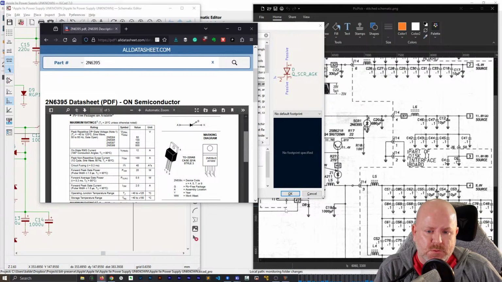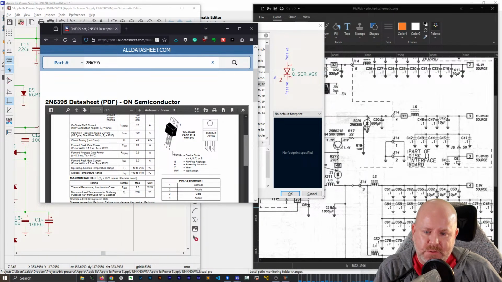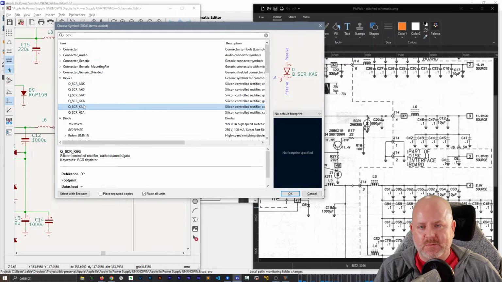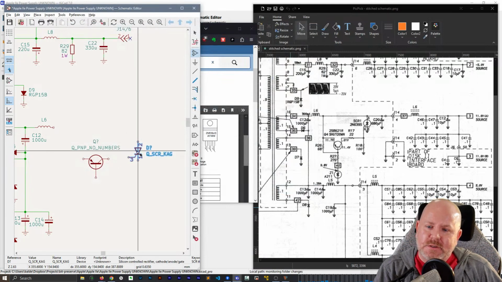All right, so this is 1, 2, 3. So this goes cathode, anode, gate. So cathode K, of course, instead of C. Anode, gate, because in this one case, the part is named with a German word for some reason.